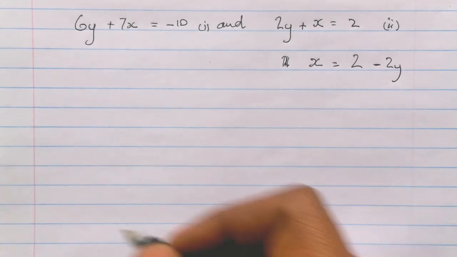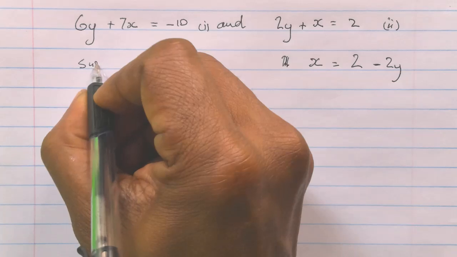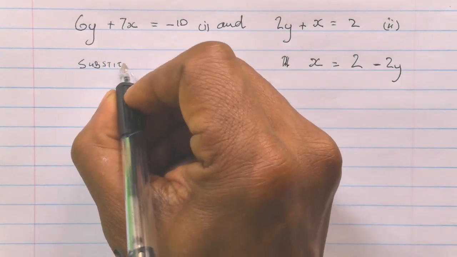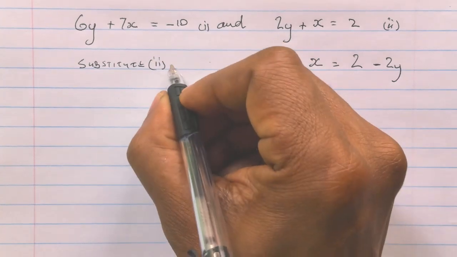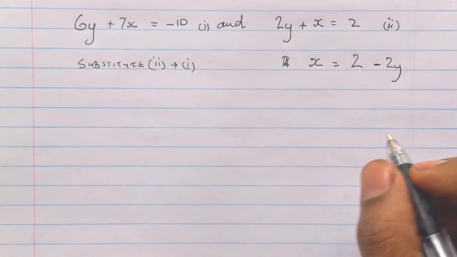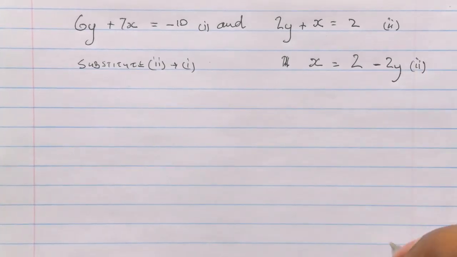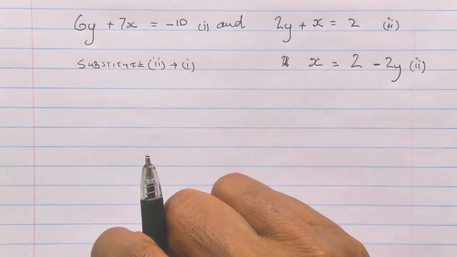Okay. So now what must I do? I must say I'm substituting the second equation into the first one. Okay, right, so this is still my second equation. It is simply restated in a different format.